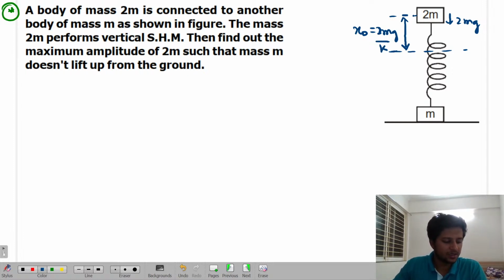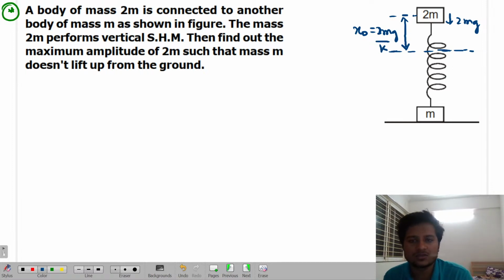2mg by k. Tell me one thing, think a bit. After this compression, over here, is this a point of equilibrium or not? From here, will my velocity be zero? No, it will be maximum velocity, and after that once again the velocity will be zero. Is that clear?